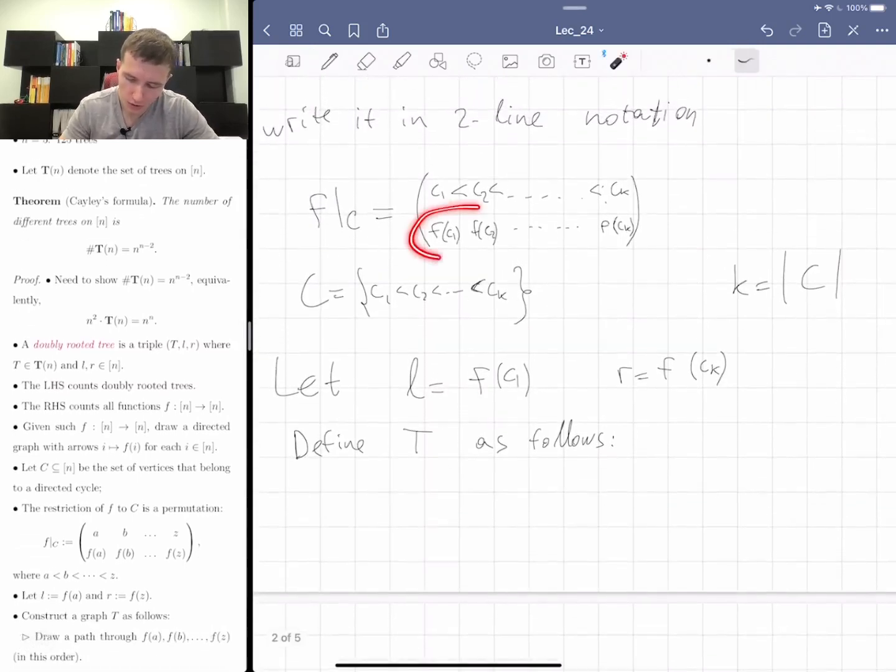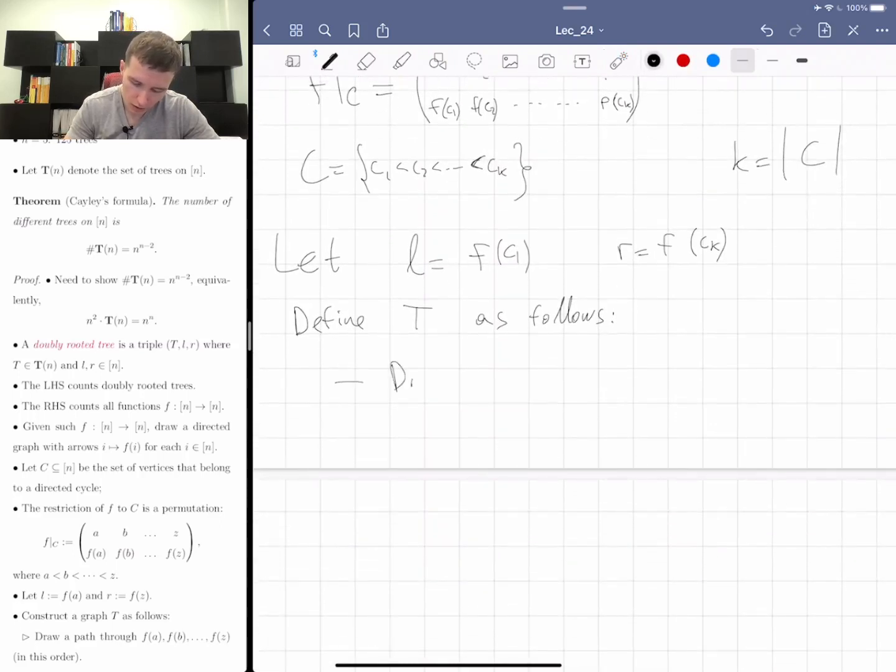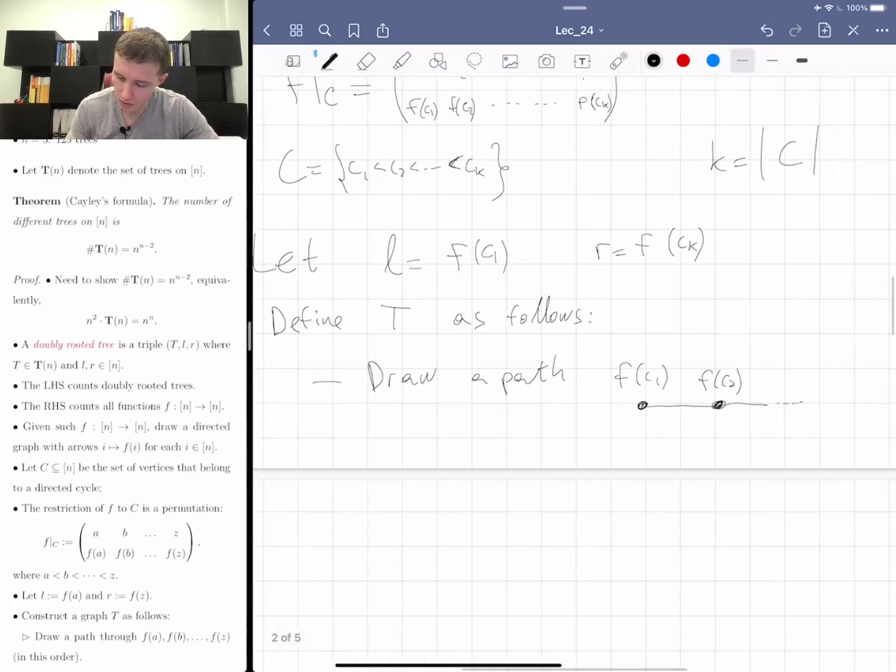First, you look at the bottom row of this two-line array, and you draw a path connecting f of C1 to f of C2, etc., all the way up to f of CK.